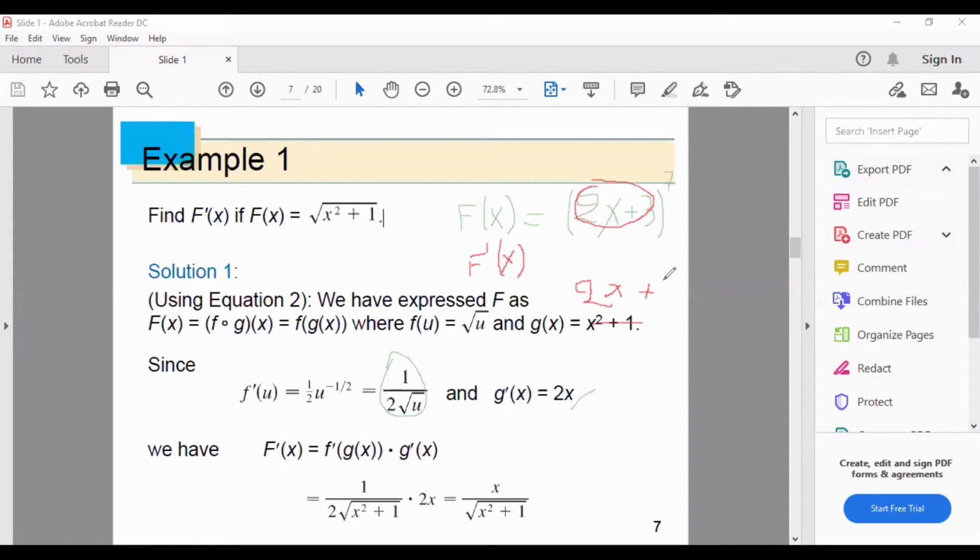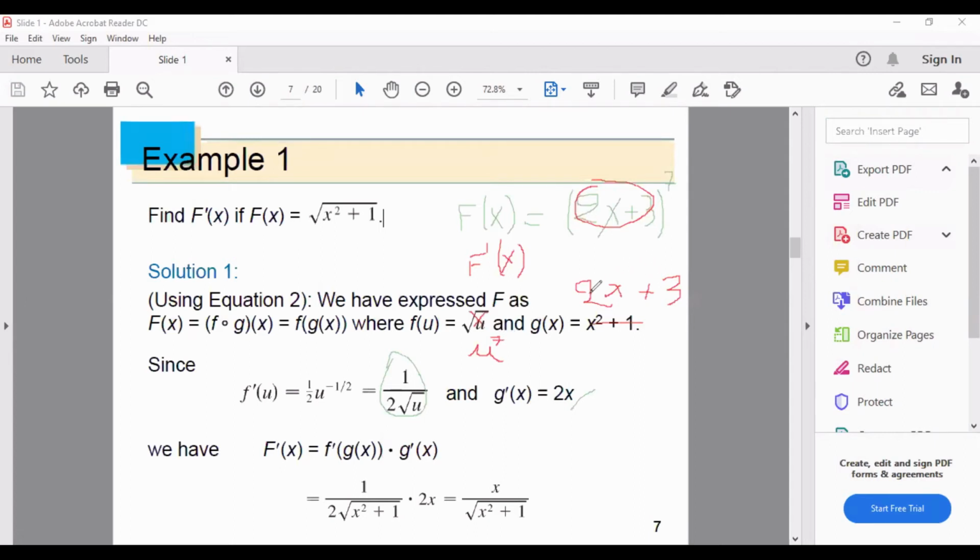What is the outside function? What we have here is a box to the 7, parenthesis to the 7, so the outside function is u to the 7. Is it clear for everybody?